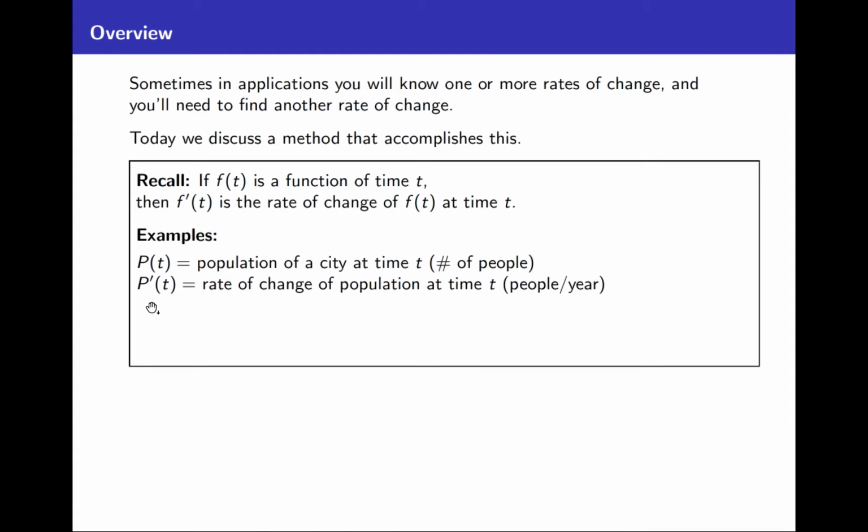The derivative p prime of t would be the rate of change of population at time t. And the units here would be people per year. So for example, p prime of 17 might be 3,000 people per year, meaning the population is changing at a rate of 3,000 people per year at time t equals 17.